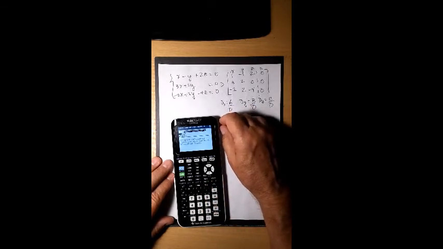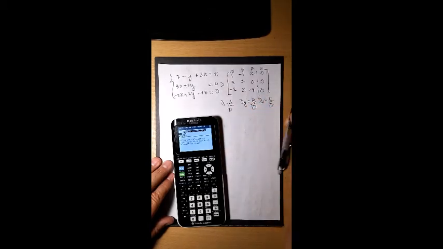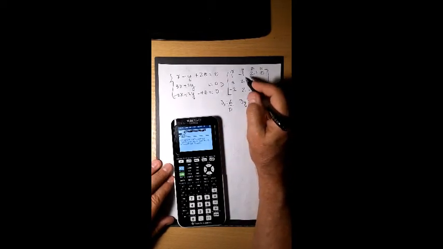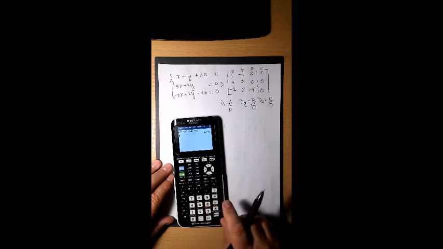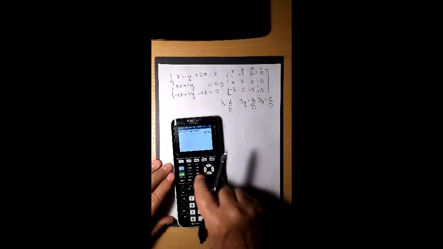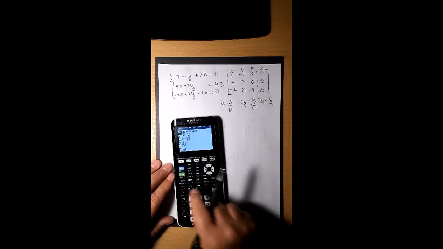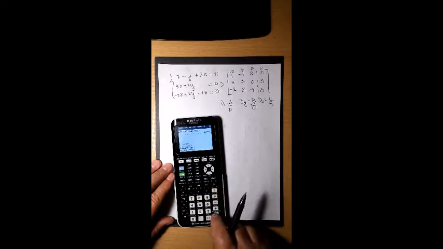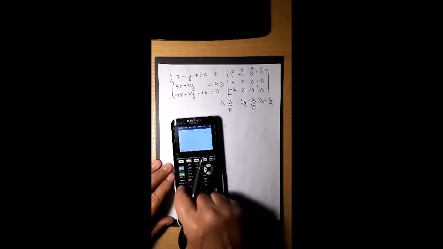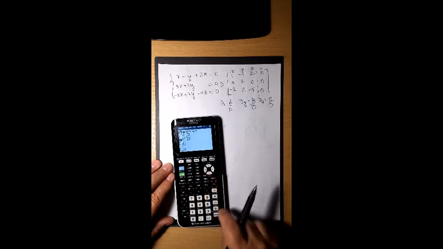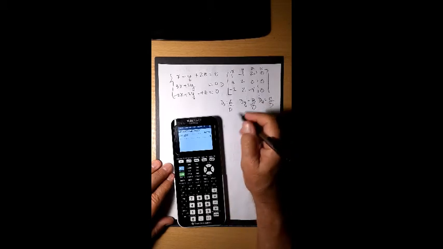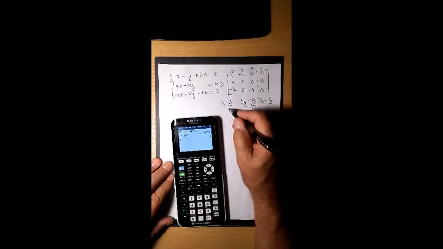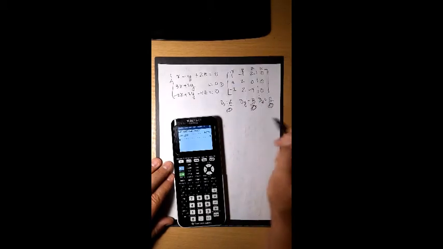Now we can divide the determinant. Oh man. Divide by 0. Uh-oh. Let's see here. Let's find the determinant of D. Matrix, math, determinant, matrix, D. Ooh. So, what does that mean if we're dividing by 0?